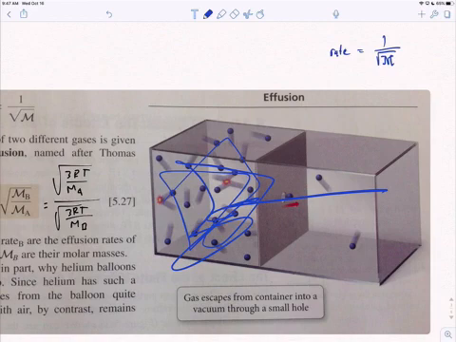Because the RMS velocity is the square root of 3RT over molecular weight. For the same temperature, 3RT is the same for each. And so the molecular weight is what's different.